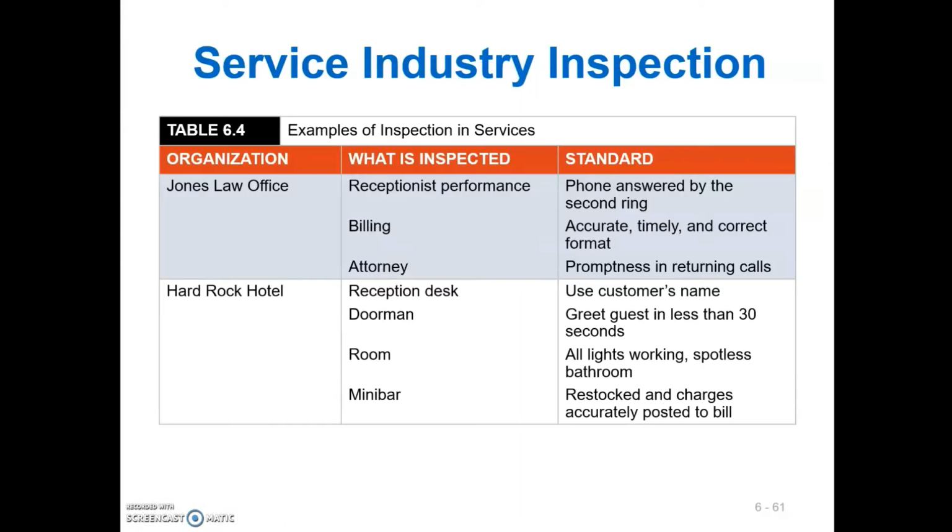Okay, here are examples in the service industry. What type of inspection can they do? For example, in an office, a receptionist should answer the phone by the second ring. In Hard Rock Hotel, for example, the doorman should greet guests in less than 30 seconds of arrival.